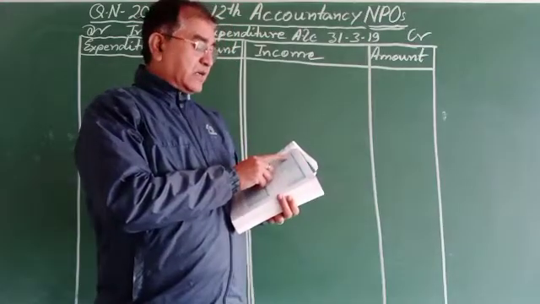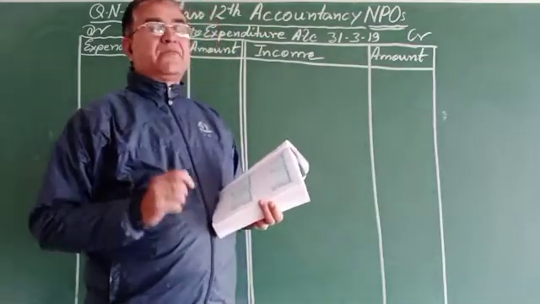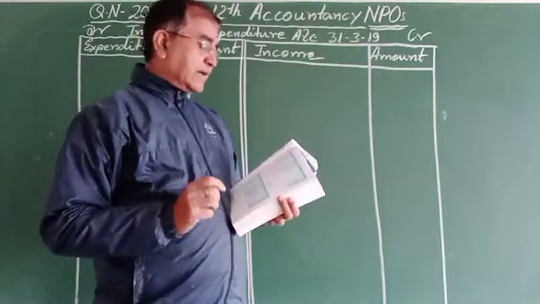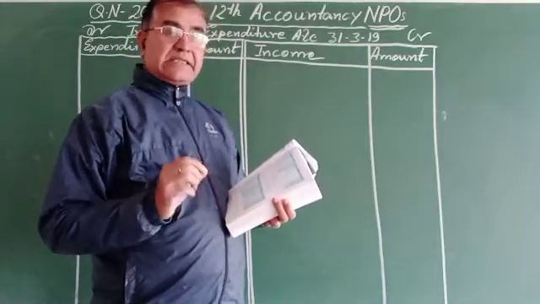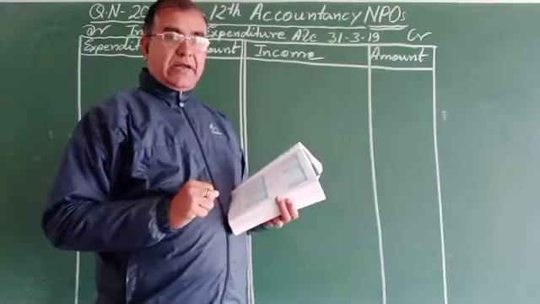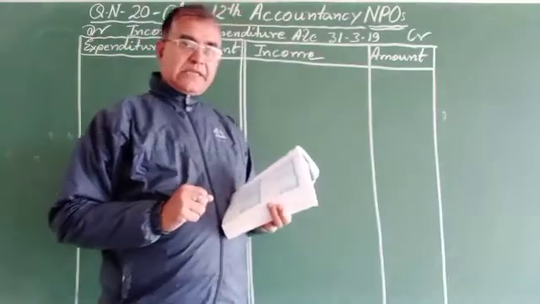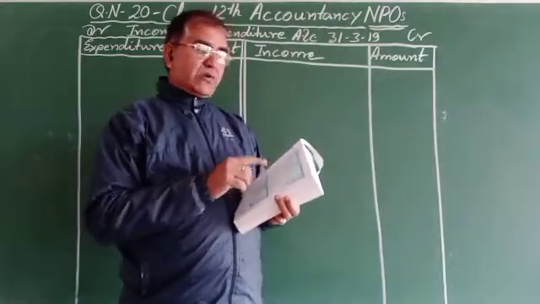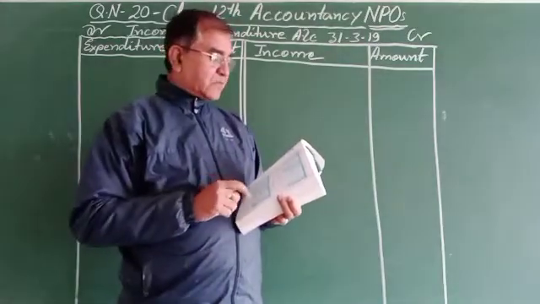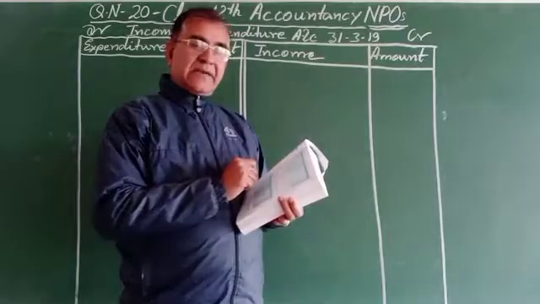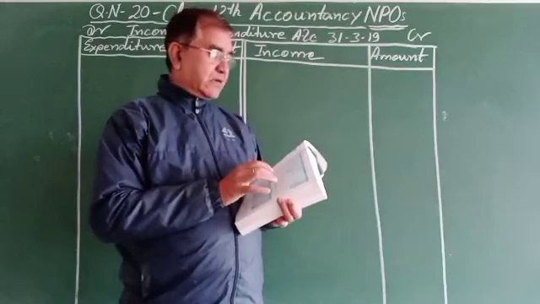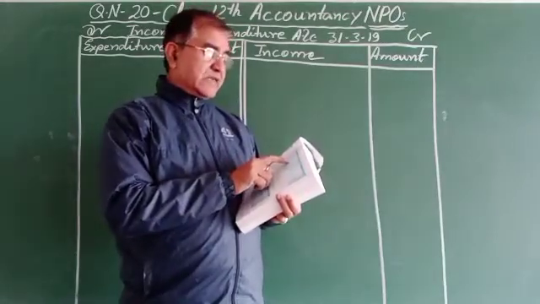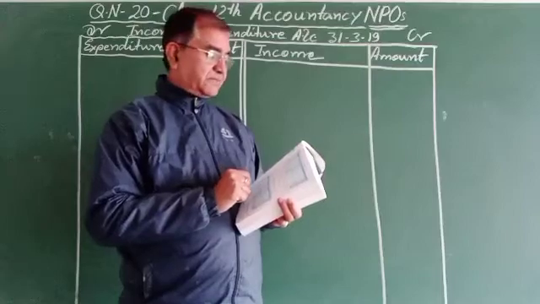To subscription, the amount given 40,000, including 600 received in advance. Interest on investments 6,000 given, cost of investments rupees 50,000.